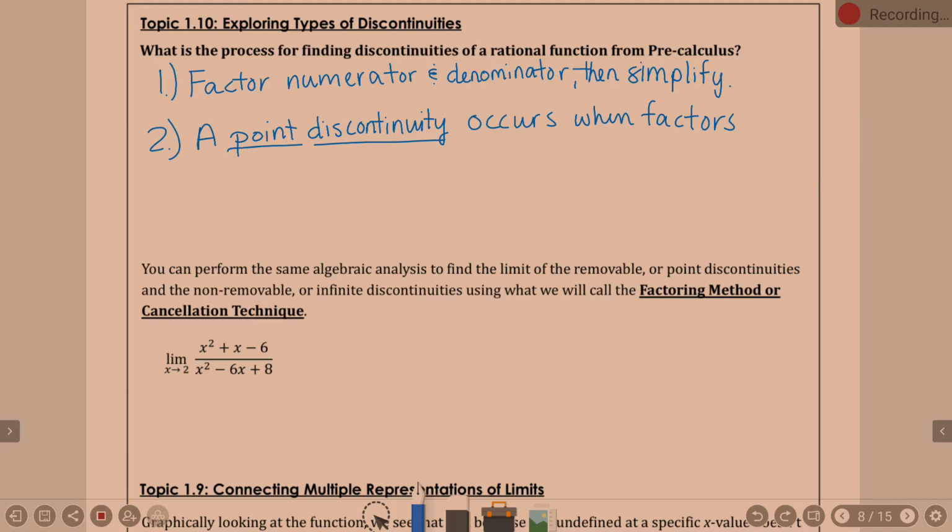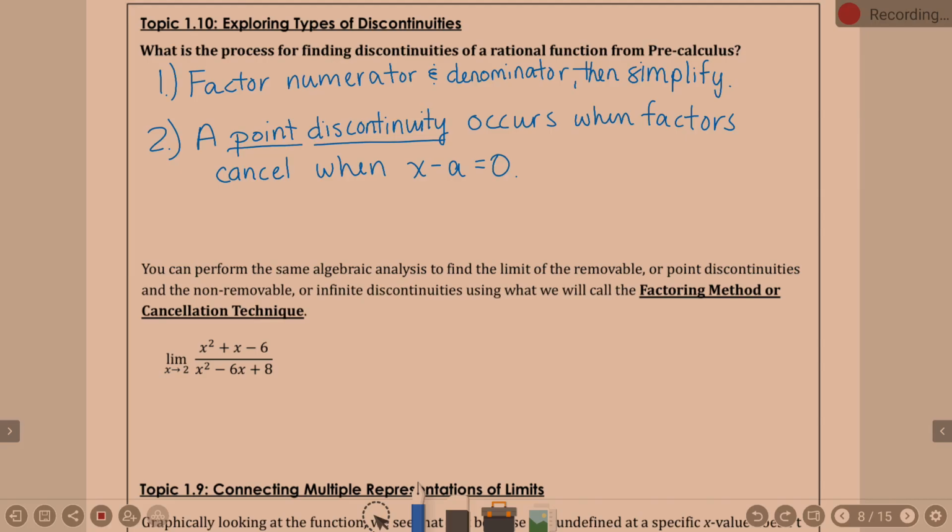It says removed, but I'm happy with cancel. And it's when x minus a equals 0 is how I'm going to write it.